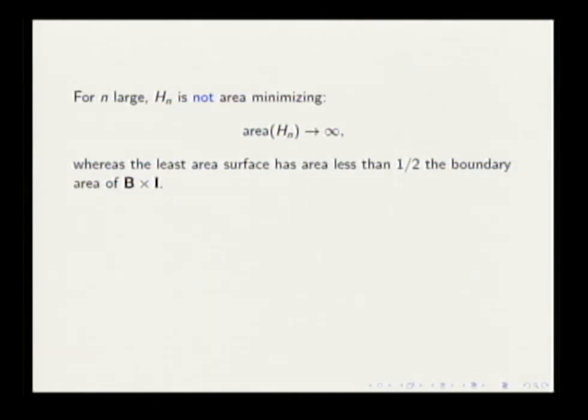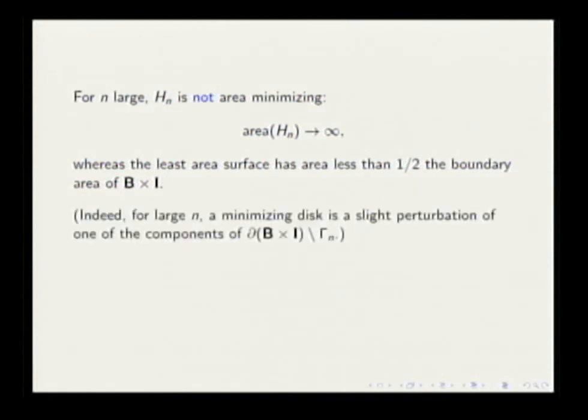So that means in addition to this surface Hn, there has to be at least one other surface, an area minimizing disk. But in fact, there have to be at least two surfaces, because if you have one area minimizing disk, you can rotate around the z-axis and you get a second one. Remember, Hn is the only one that has symmetry, so any other surfaces occur in pairs.